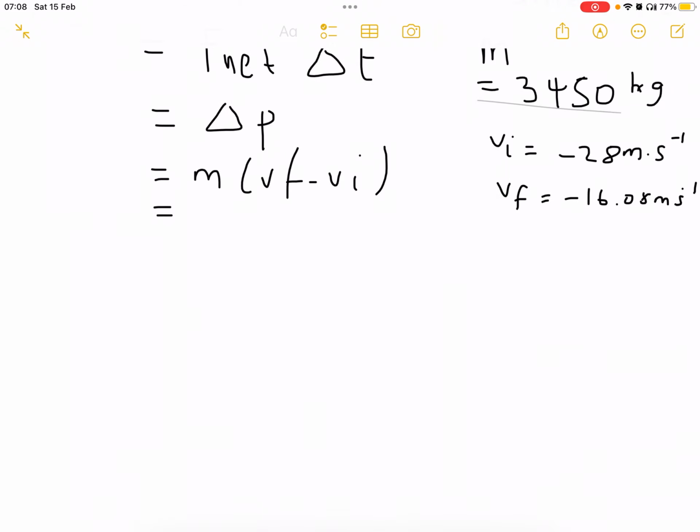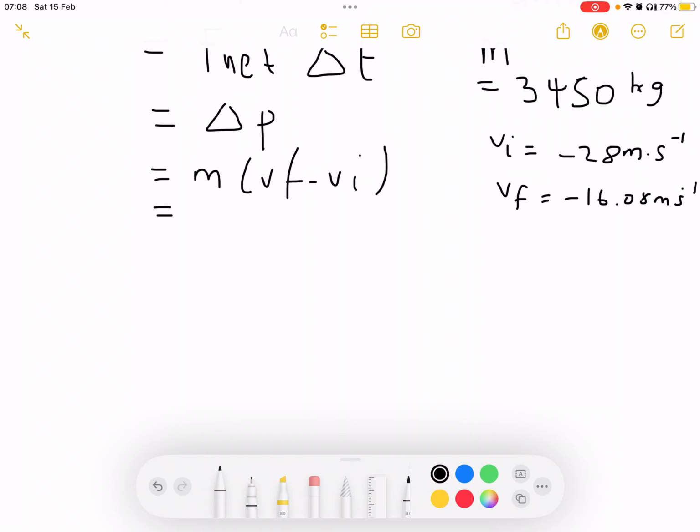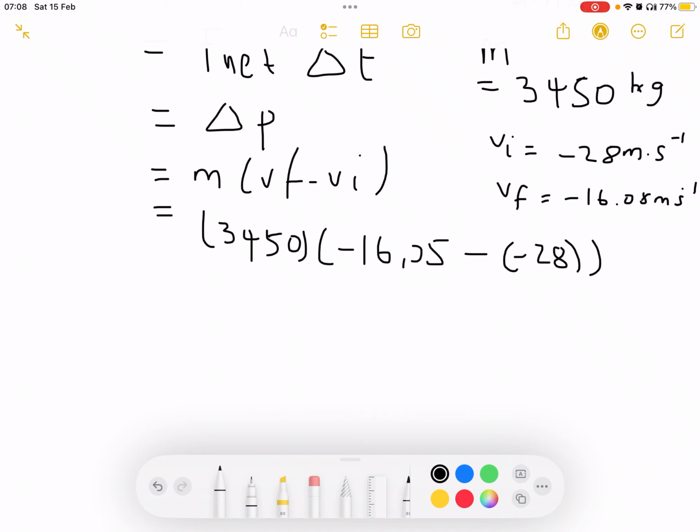Then if we substitute, we get 3450 multiplied by negative 16.05 minus negative 28, and we close down, we get 41,227.5 newton seconds.